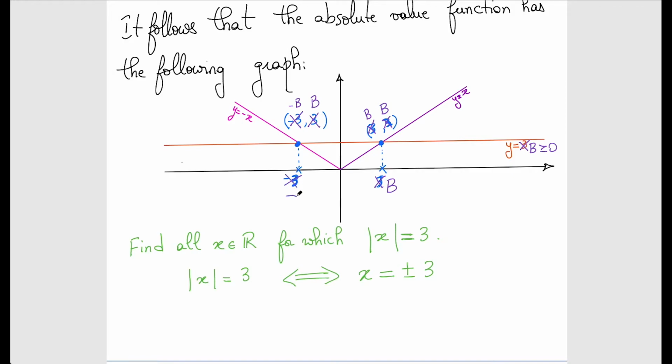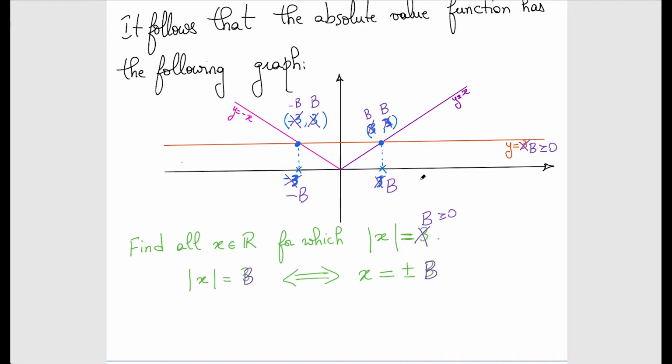So long story short, if we are trying to find all the x coordinates where the absolute value function and the function y equals b, where b is bigger than or equal to 0, meet, that's the same as saying that x is plus or minus b. Do you agree with me?